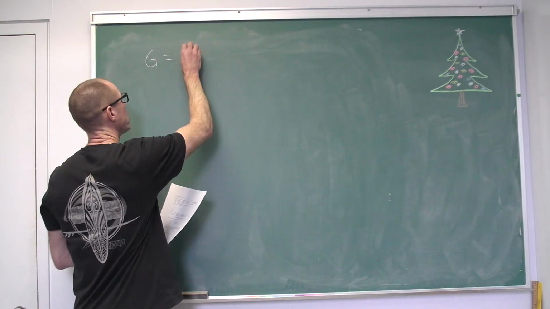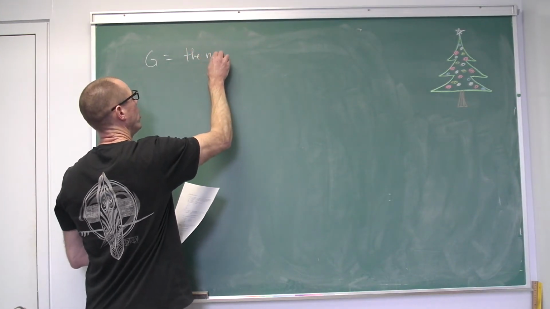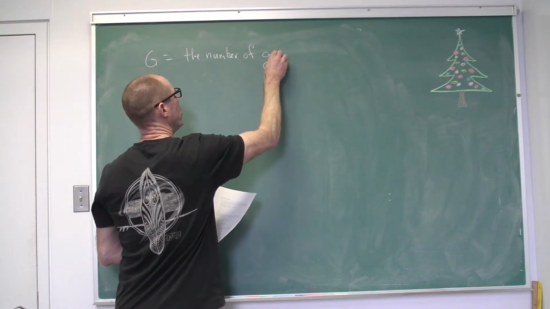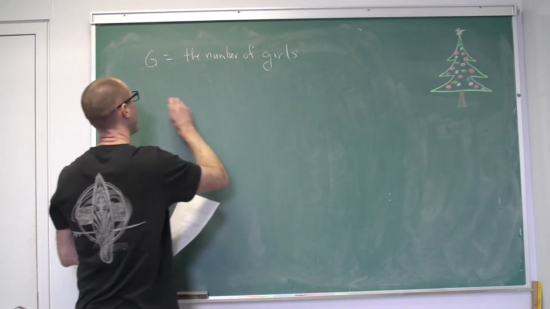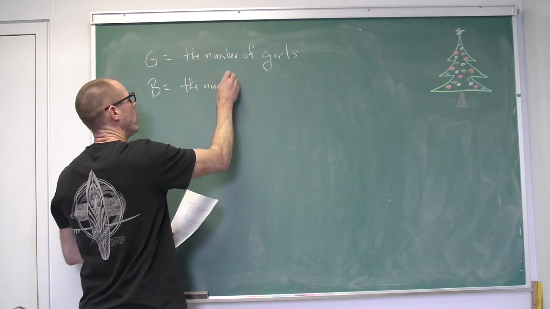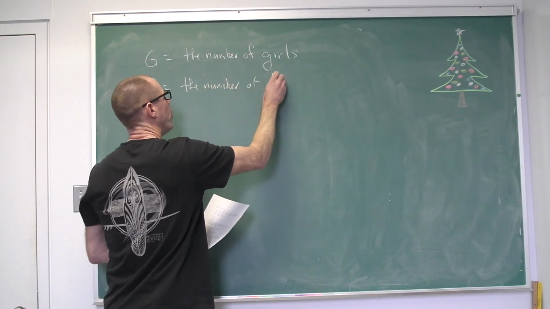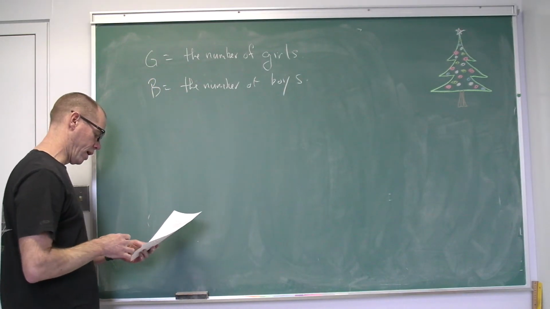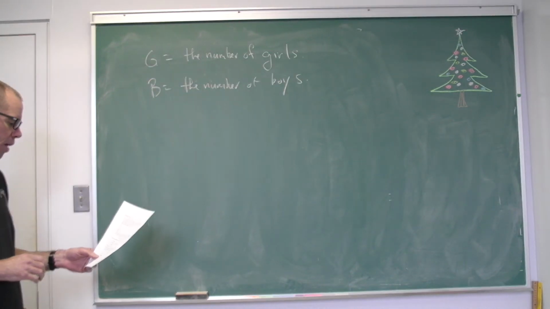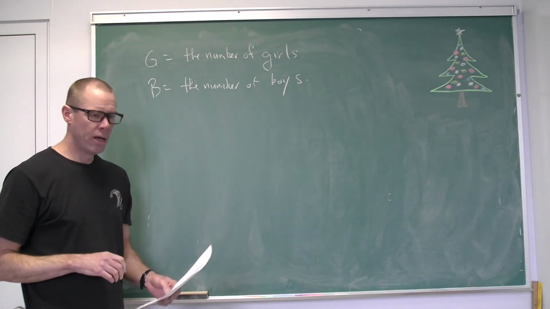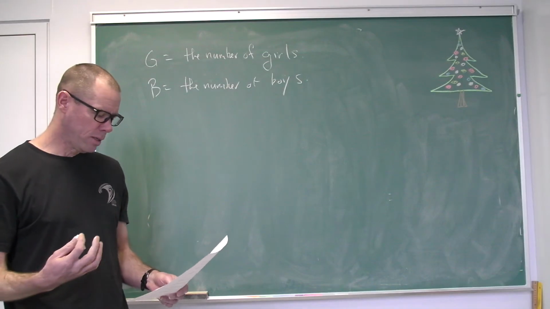Okay, so G is the number of girls. B is the number of boys. And the question asks about B and G, and this is one of those independence questions.